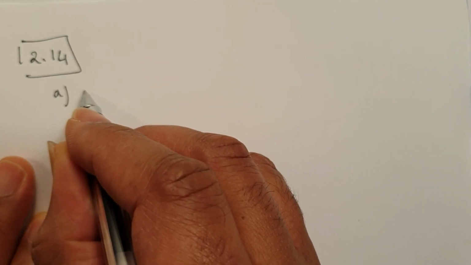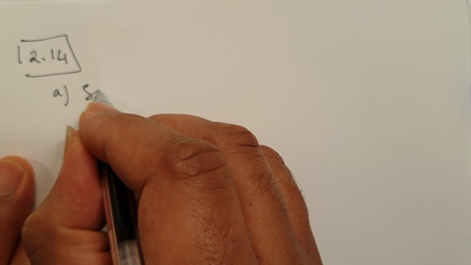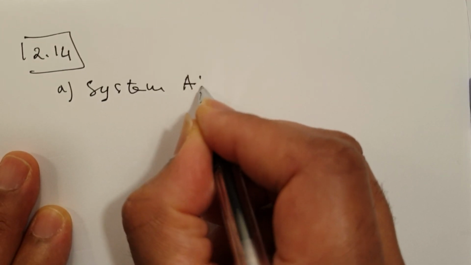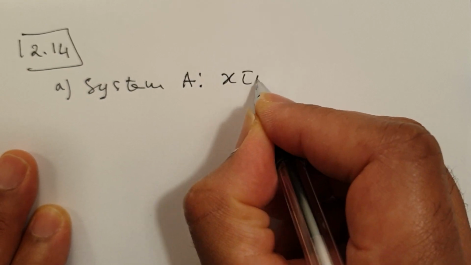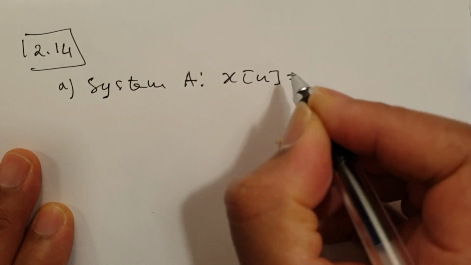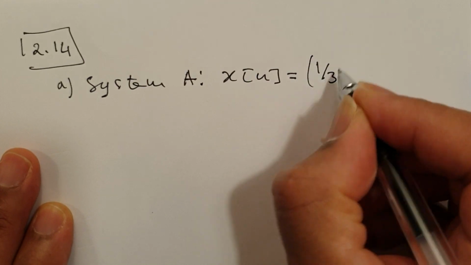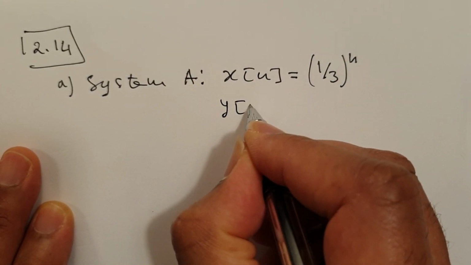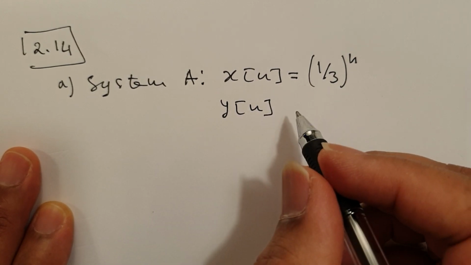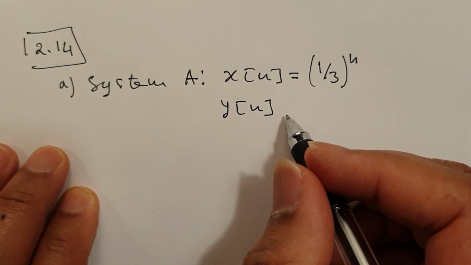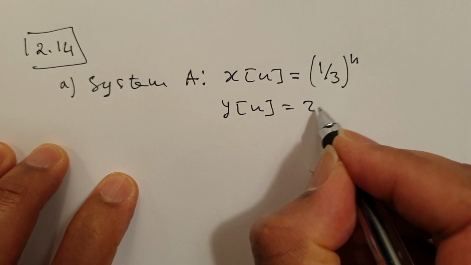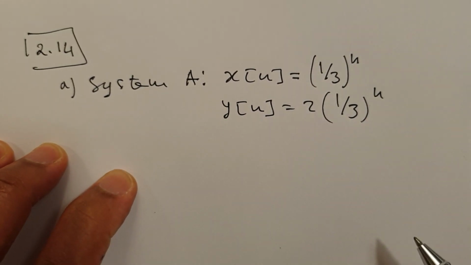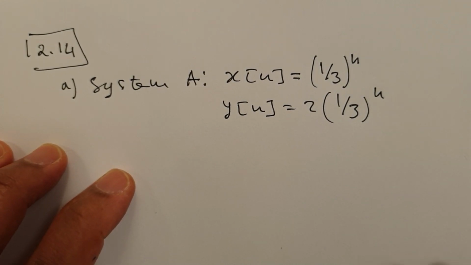System A says the input is 1/3 to the power of n, and the output would be then 2 times this input.